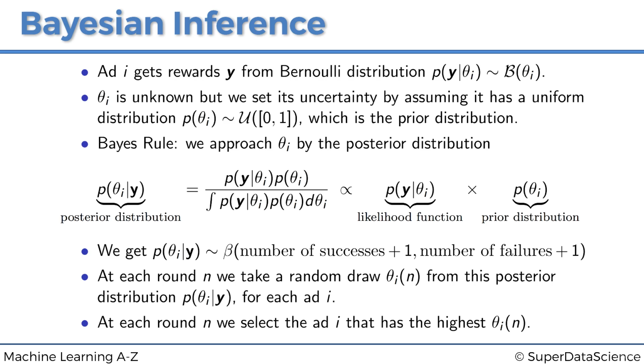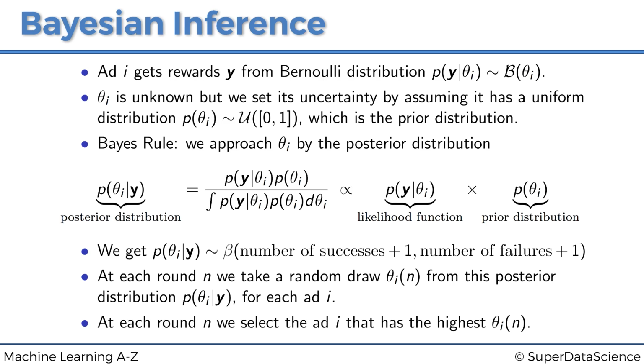And then the second assumption, a less strong assumption than the first one, which is the strongest assumption, is this second line here, and that is that we assume that theta_i has a uniform distribution, which is the prior distribution. And then we use the Bayes rule to get the posterior distribution, which is p(theta_i | rewards up to round n).